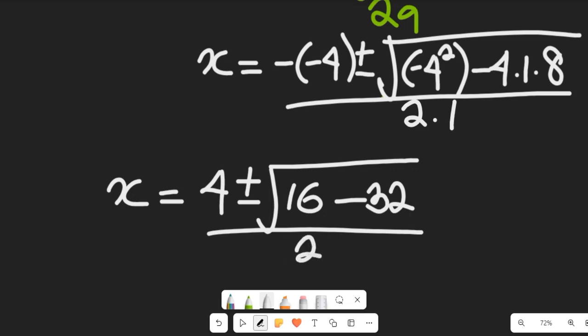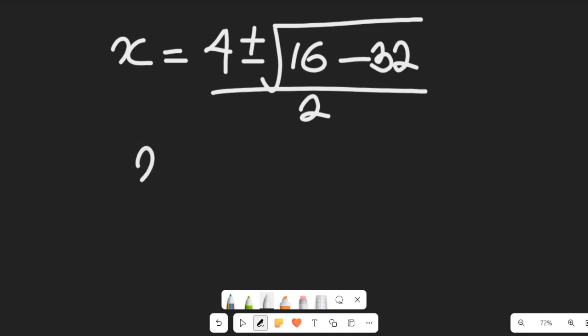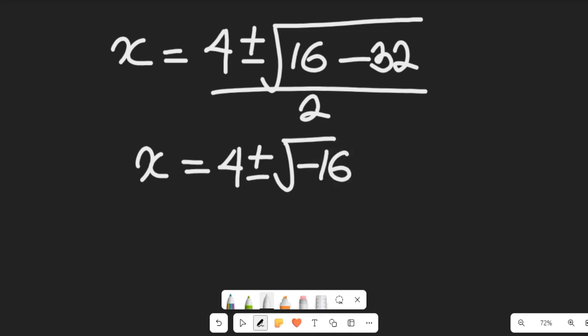So we'll have this divided by 2. So the value of our x will now be equal to 4 plus or minus the square root of 16 minus 32, which gives us negative 16, divided by 2.